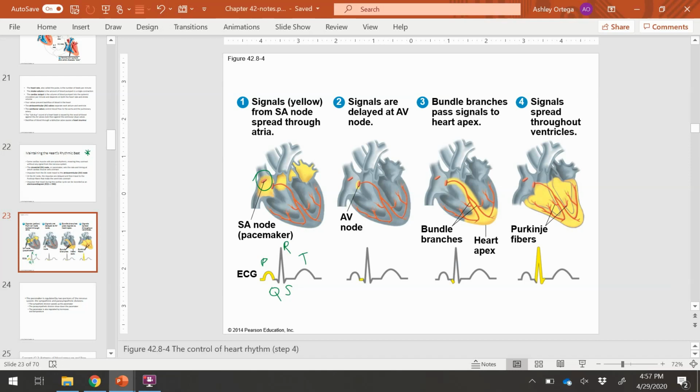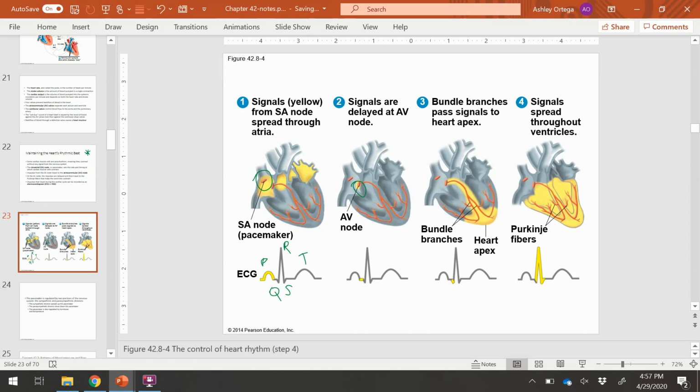That is the SA node, the pacemaker region. That will start the signal. It will send it to the AV node, which is by the atrioventricular valve of that area.